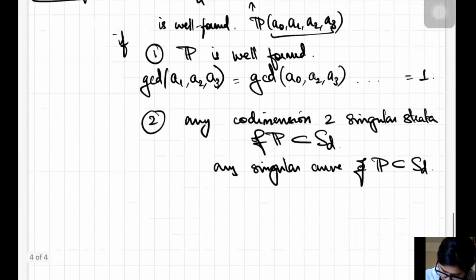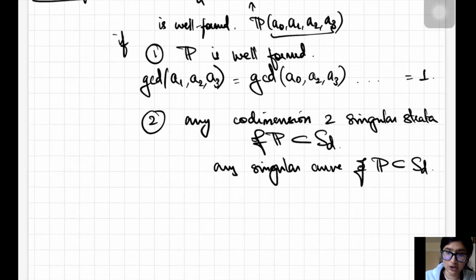So in particular, the singularities of your surface are just going to be points, isolated singularities. So this is our setup: we have quasi-smooth, well-formed hypersurfaces in weighted projective space.